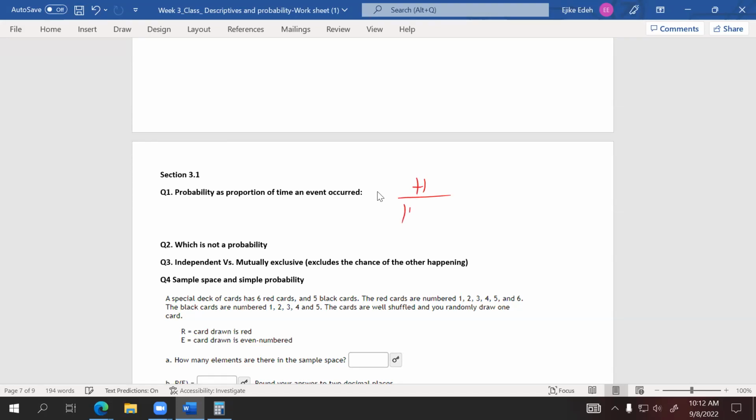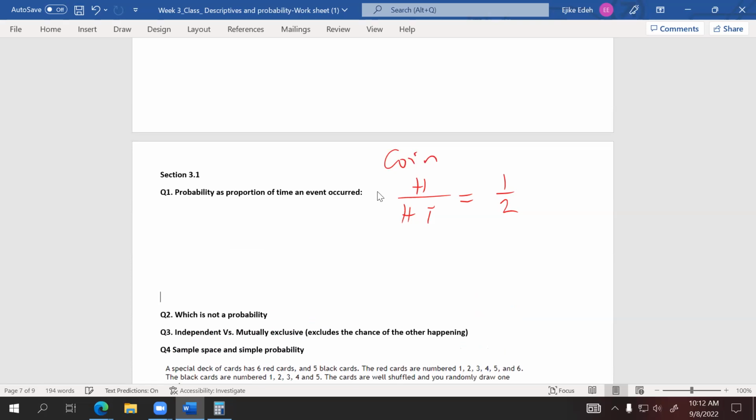I could have had a head or a tail. So the probability of a head will be 1 out of 2, right? If I'm flipping a die, a 6-sided die, the probability of getting a 6, right?